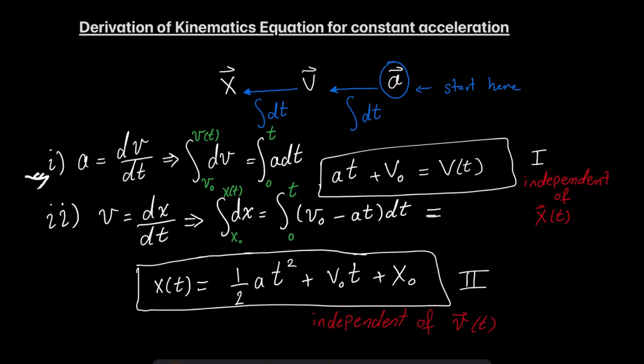On the left-hand side we go from v naught, the initial velocity, to v of t, which is a variable, v as a function of t, and on the right-hand side we go from 0 to t. When we do that integral, we get at plus v naught equals v of t, and that will be the first main kinematics equation for constant acceleration.